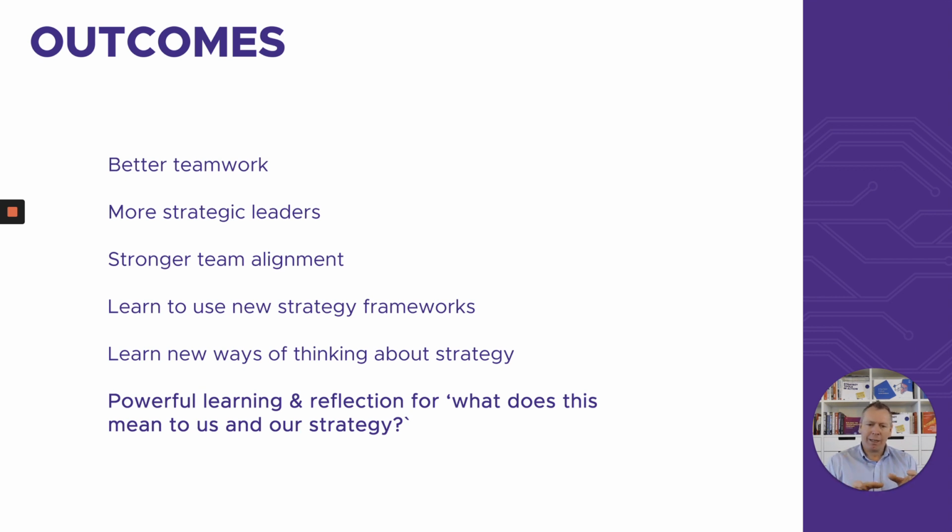But the most powerful learning is really, okay, so we just went through a simulation, but what does this actually mean for me as a leader? And what does it mean for my company's strategy? And after the simulation on day number 3, when we run the debrief session, I'm really interested in hearing what your outcomes are.